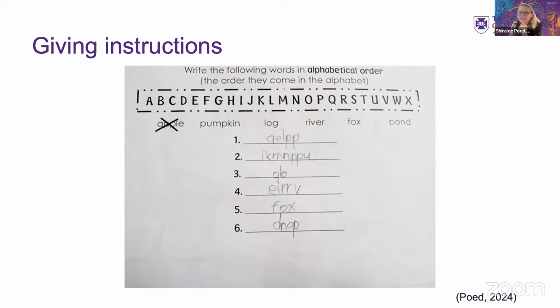And they may have actually made it clearer if they'd provided a longer example. They wrote in the word apple, spelt correctly, and then maybe put the letter F for fox to suggest that that could be the next word. The mistake that's happened is because the instructions weren't very clear.